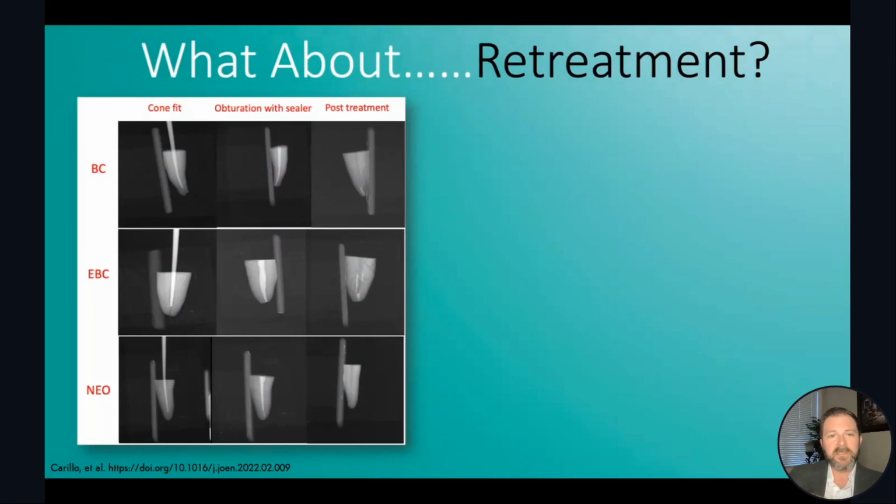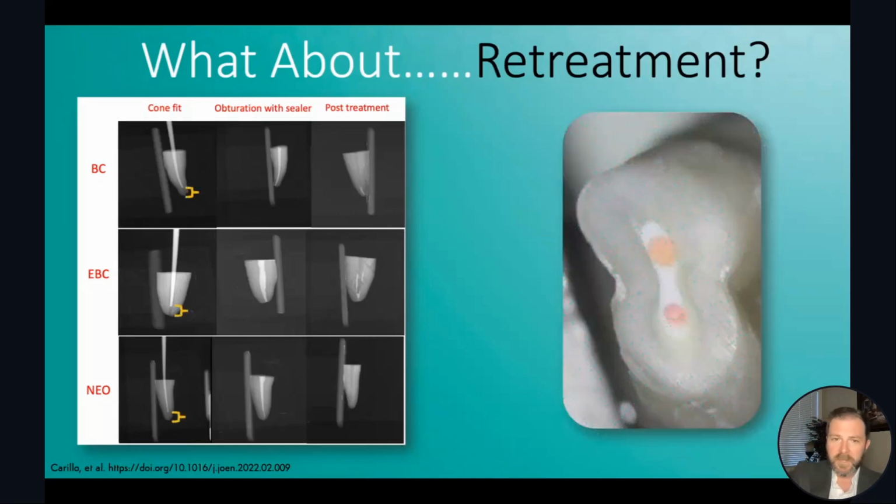They cone fit 2 to 3 millimeters short of their apex, and then obturated with the sealer to intentionally create an apical plug of bioceramic material, which we know is the hardest part to clean out. Here, the top row is BC sealer, the middle row is EndoSequence BC, and the bottom row is NeoSealer Flow. Again, this is sealer-centric obturation, which is what we hope to find in our canals.